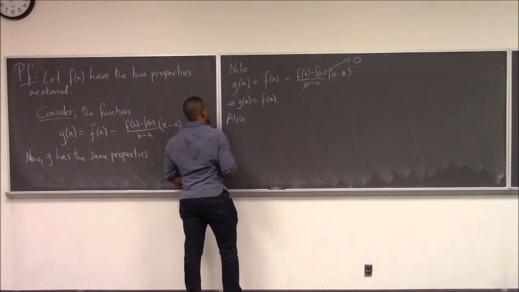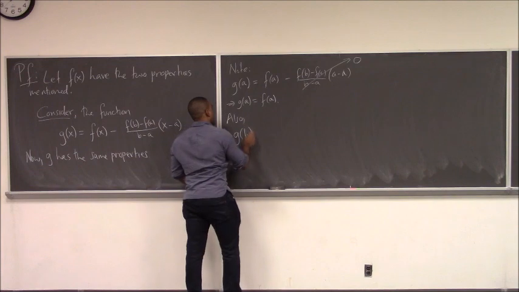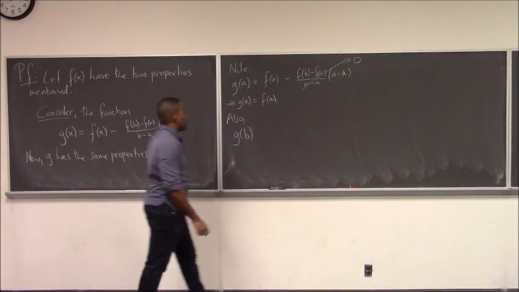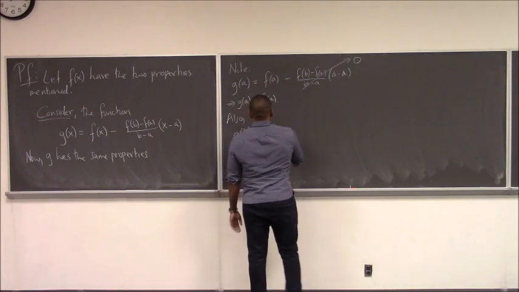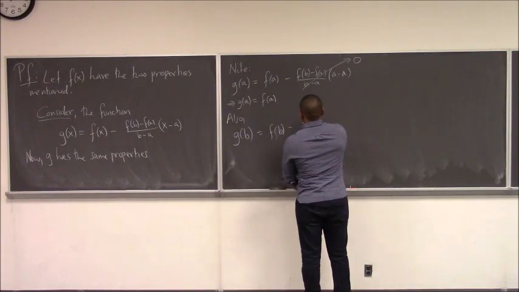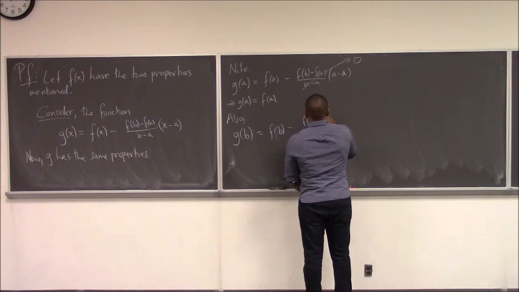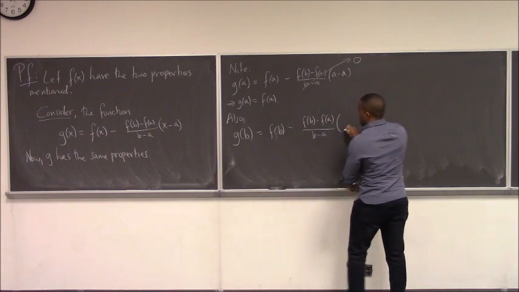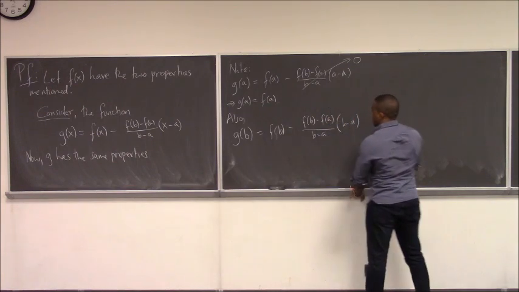Also, look at what g of b is. Well, that will be f of b minus f of b minus f of a over b minus a times, now I'm going to plug in b for x.